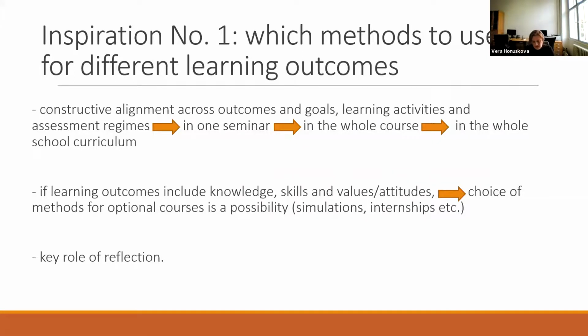There needs to be constructive alignment across the outcomes and goals, learning activities and assessment regimes to ensure that the student progresses and eventually graduates with the knowledge, skills and values that are necessary for post-university working life. So putting together the outcomes, goals, learning activities, and assessment regimes is very, very important.